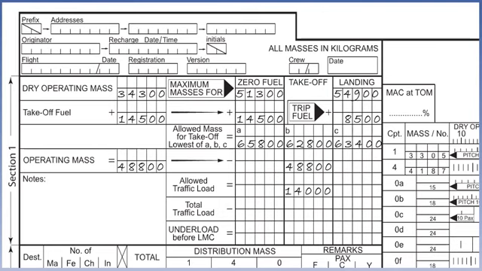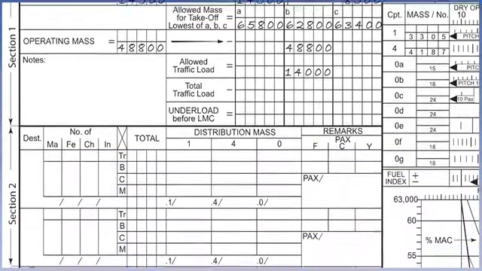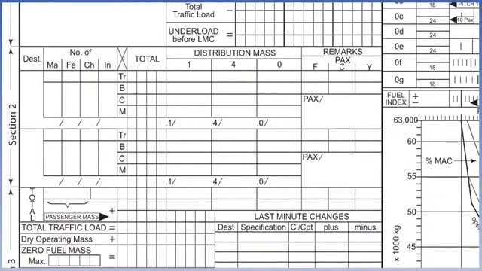The next step is to calculate the total traffic load, and to do this we will use section 2 of the load sheet, and start by entering the passenger load in the distribution mass box at position O. The passenger total is 130, and using the average mass of 84 kilograms per passenger equates to 10,920 kilograms.